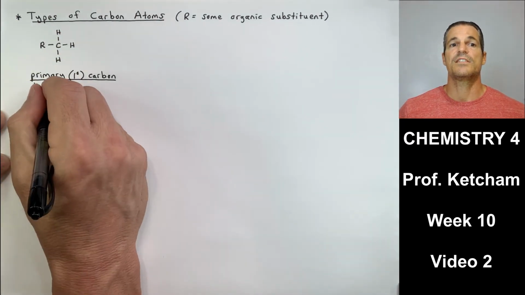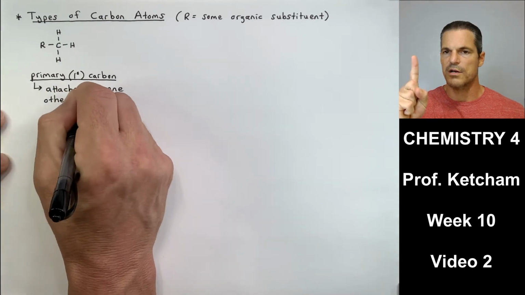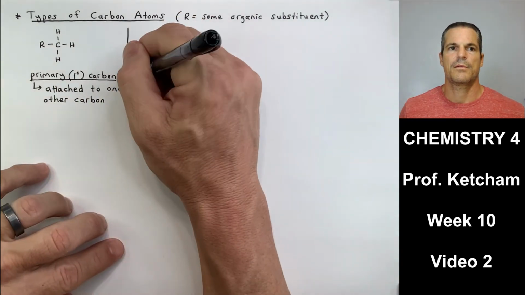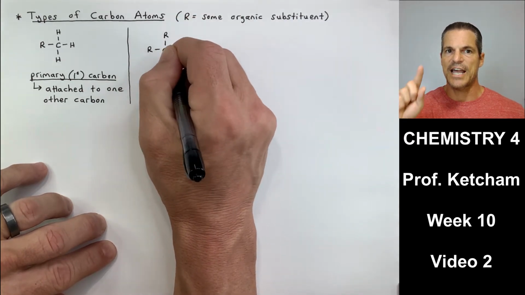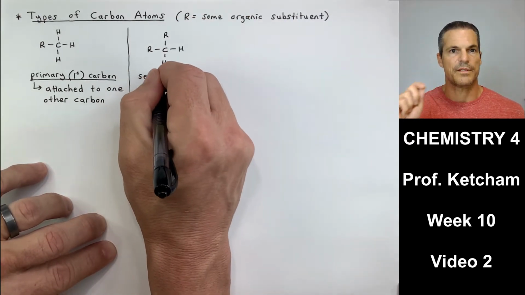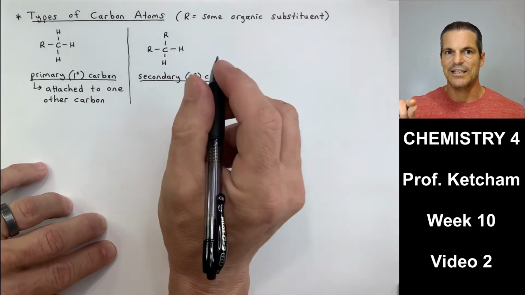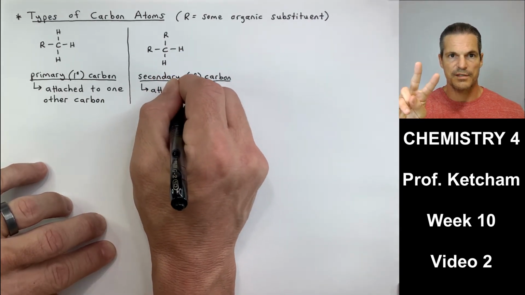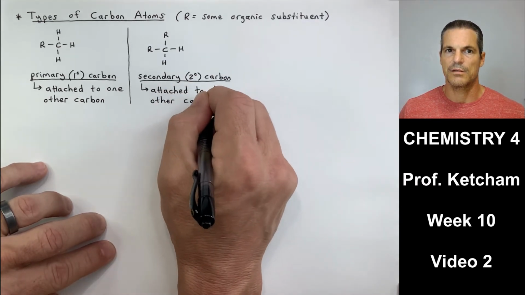So if I have a little CH3 end right there, that carbon is attached to only one other carbon, so it's a primary carbon. In my second example, the carbon with the C is attached to two R groups. Those are carbon-based. So that carbon that I've drawn with the C is attached to two other carbons. That makes that carbon that I've drawn there a secondary carbon.